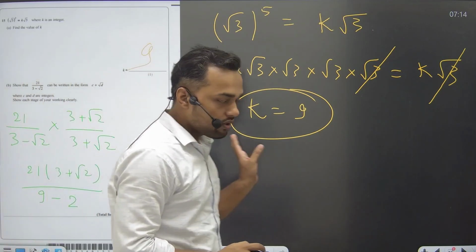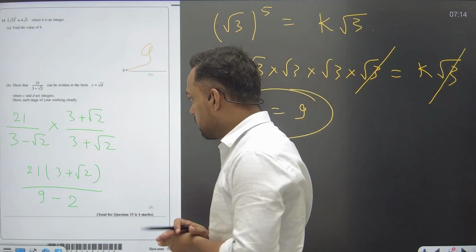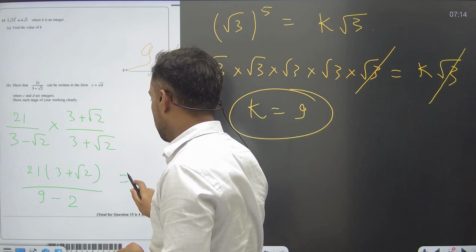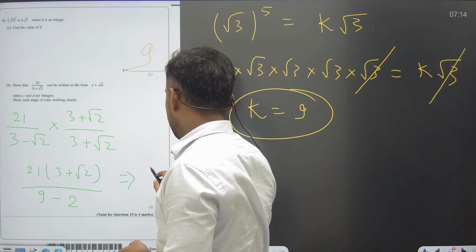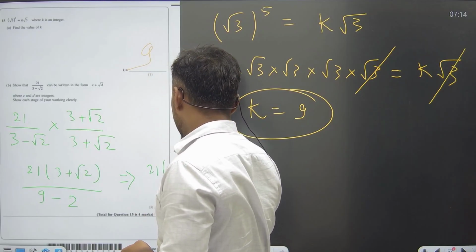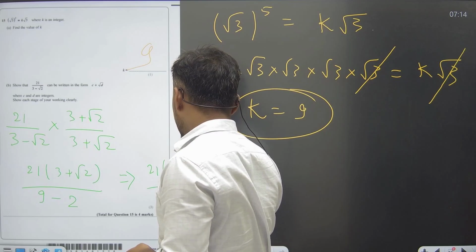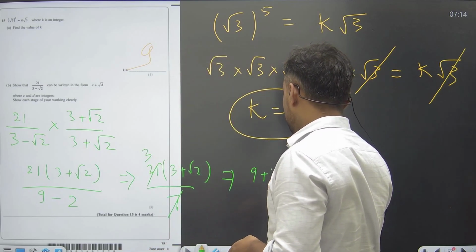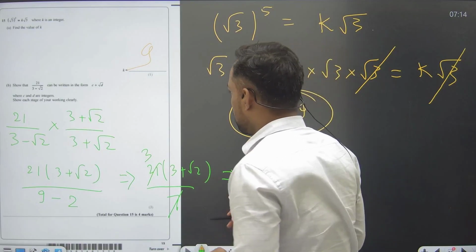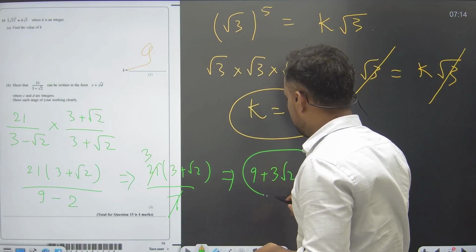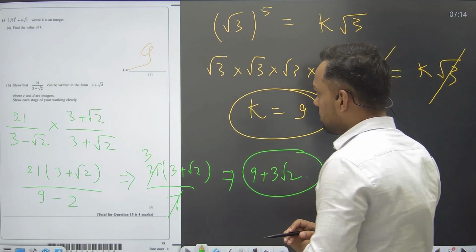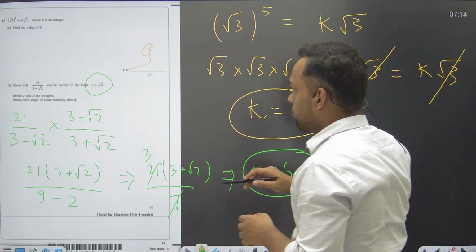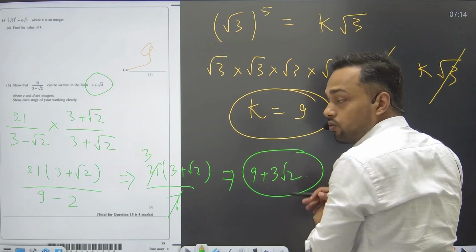Because b in this case is root 2, so root 2 square will be equal to 2. So it will be 21 times 3 plus root 2 upon 7. Here 7 threes are 21, and you will get 9 plus 3 root 2. Okay. So we have written this number as they asked, but you need to see they have asked for c plus root d, which means this needs to be in root format.